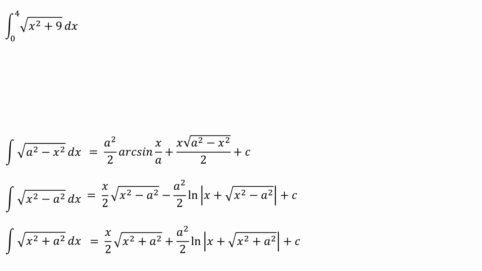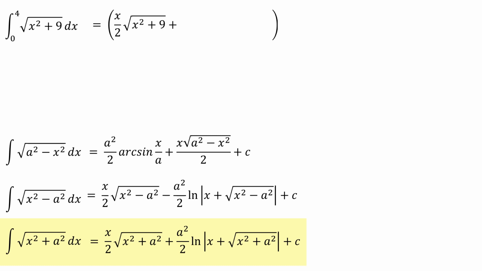I look at my table and say, it looks like that's the one that matches. This is an x squared plus a squared inside that square root symbol. So when we integrate, x over 2 will sit there. Square root will sit there. X squared will sit there. Plus a squared becomes plus 9.